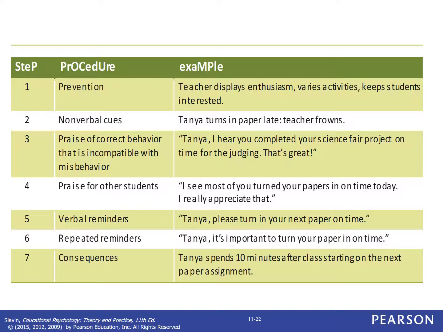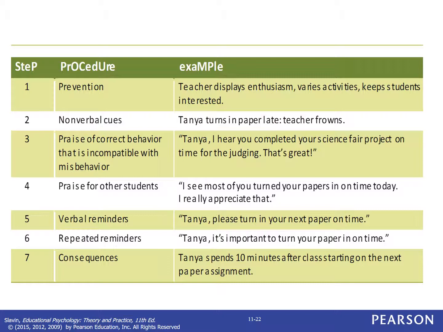If it continues, you praise the correct behavior that is incompatible with the misbehavior. So if a student is having trouble turning things in on time, and she does, you say, I hear you completed your science project on time for the judging. That's great. So look for instances in the student's behavior where they're doing well and praise that. If the student's having trouble sitting in his seat, Benjamin, I really like how you managed to stay in your seat for the entire language block this morning.